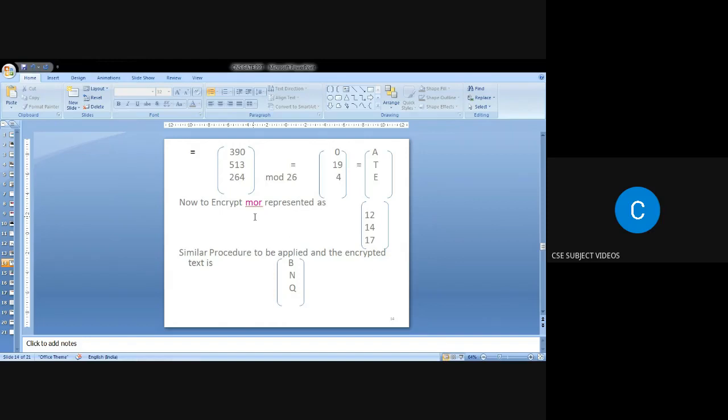Now we have to take "more". Since the value of m is 3, we take MOR. The numerical value of M is 12, O is 14, R is 17.